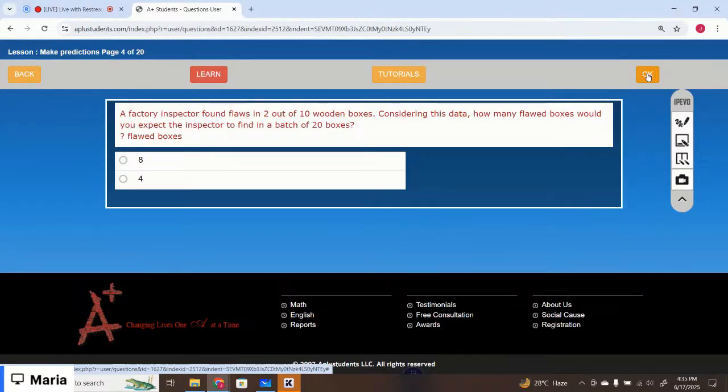The inspector found flaws in 2 out of 10 wooden boxes. Considering this data, how many flawed boxes would you expect the inspector to find in a batch of 20 boxes?